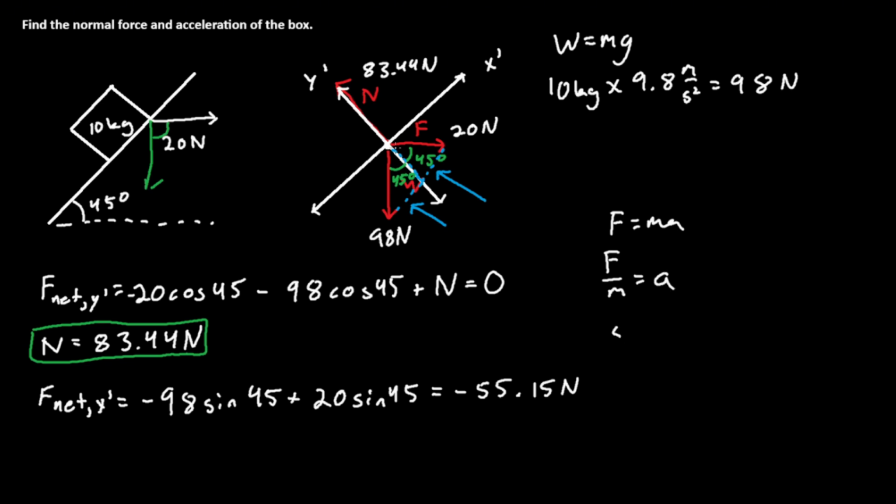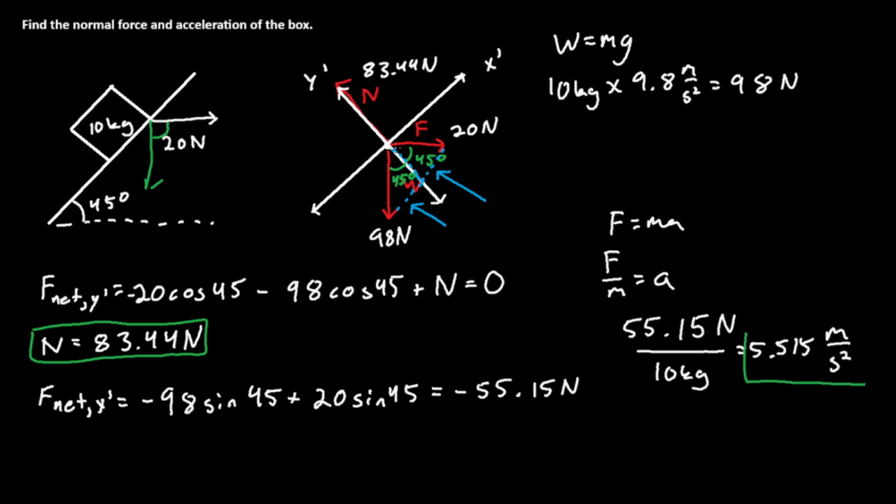So let's just write down the magnitude of the force. 55.15 newtons divided by the mass, which is 10 kilograms, you get 5.515 meters per second squared. And this is the acceleration in this direction. So if I write the acceleration vector, you get an arrow that's pointing down at a 45-degree angle.